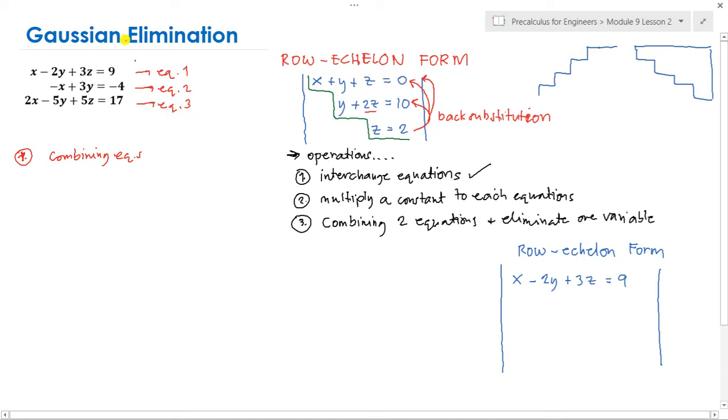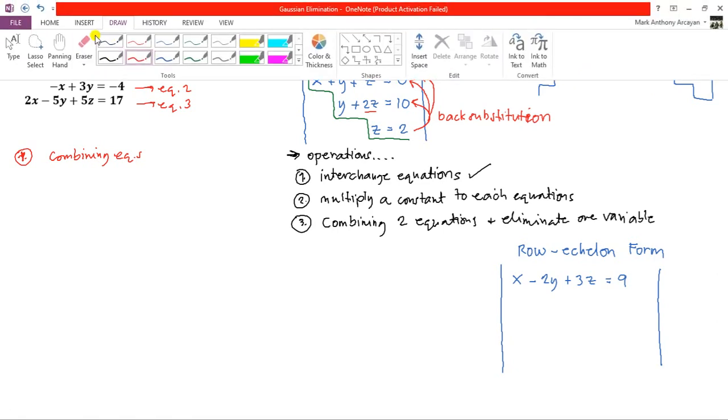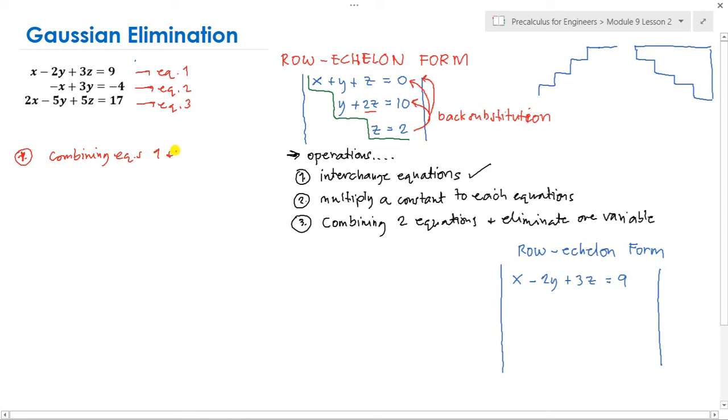Okay. So I will combine equations 1 and 2, and I'm going to eliminate.